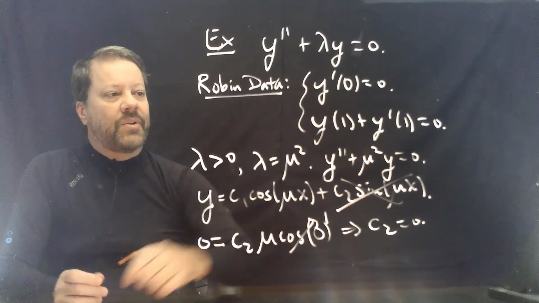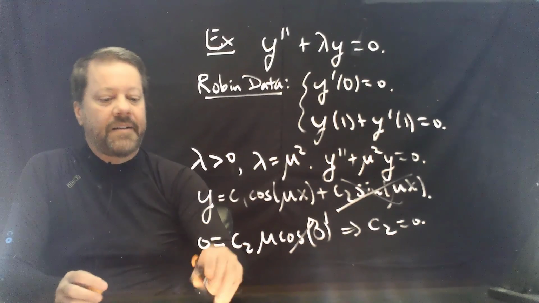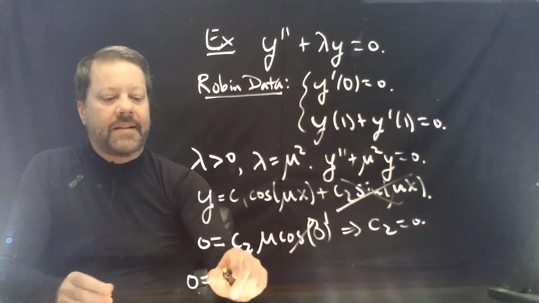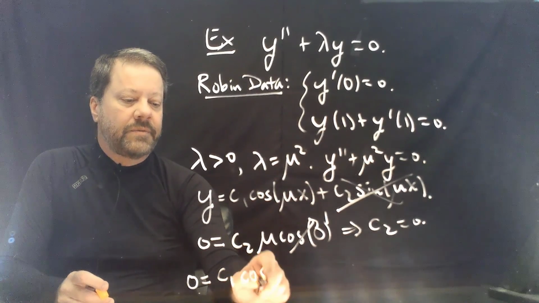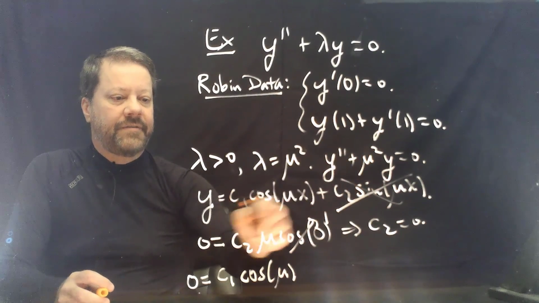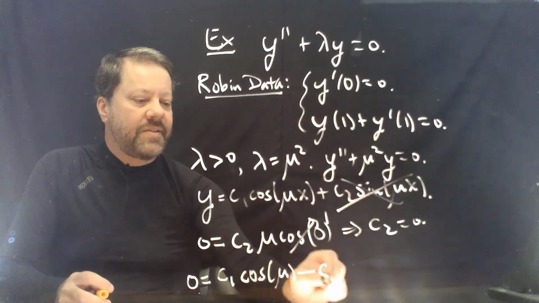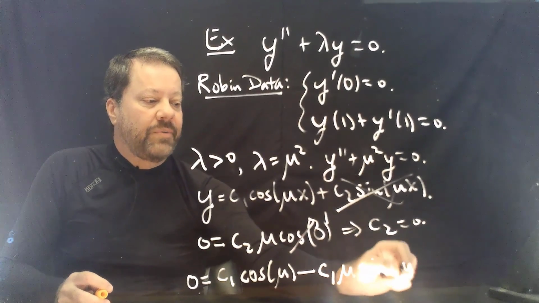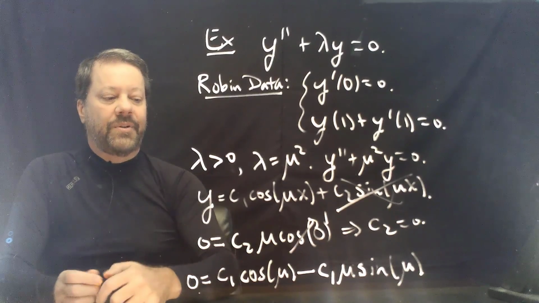That leaves only the second Robin condition to verify. And we'll have 0 equals y at 1. That's going to be c1 cosine of mu. And then the derivative, minus c1 mu sine of mu, all equal to 0.